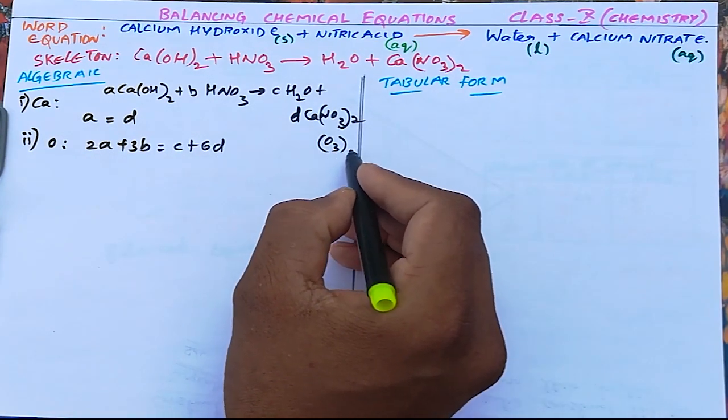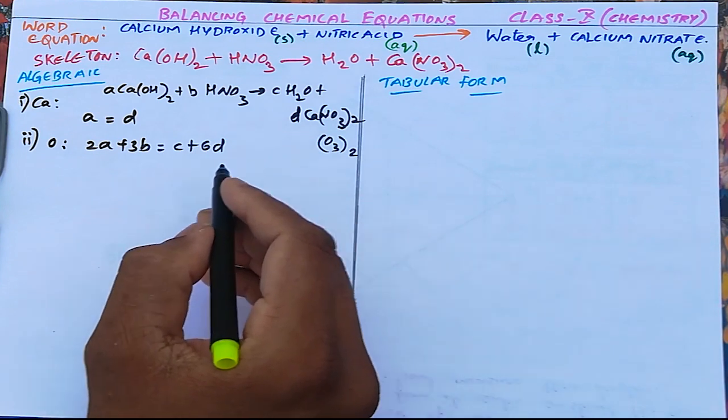Oxygen in NO3 taken twice, so 3 into 2 gives 6D.